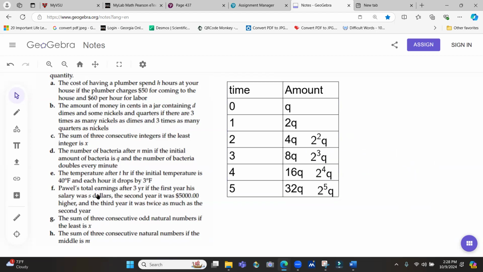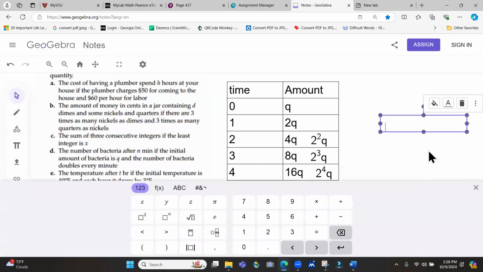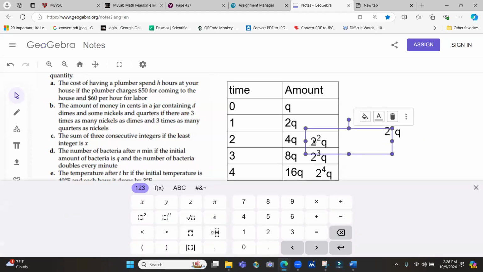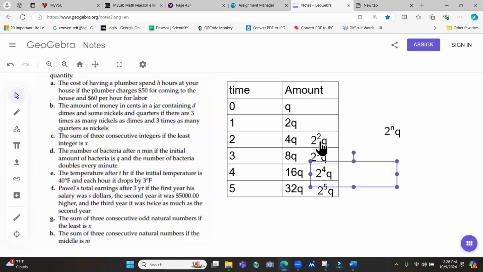And the last one, I am going to claim it's going to be 2 to the power n times Q. So that's your answer. And this table is your explanation. If you want, I can put some equal signs so that you know they're equal.